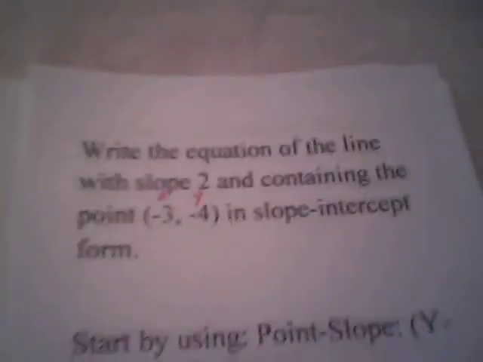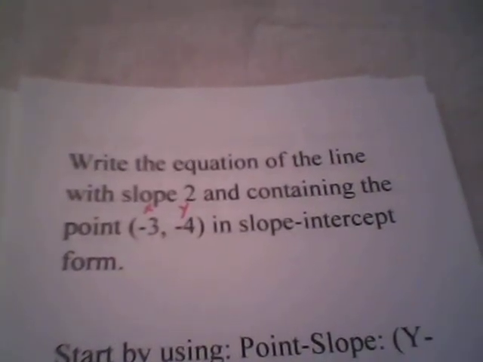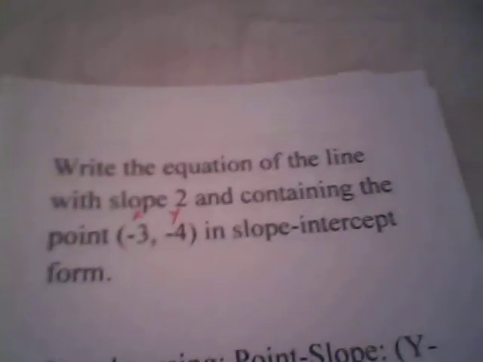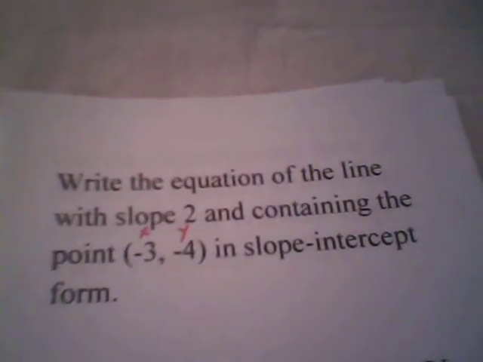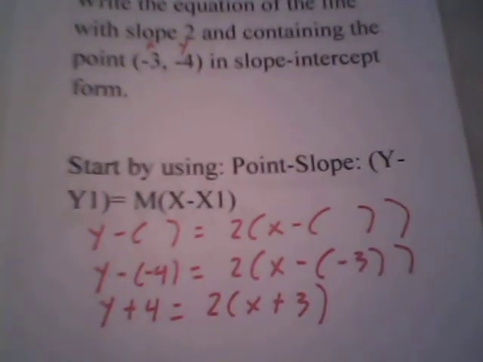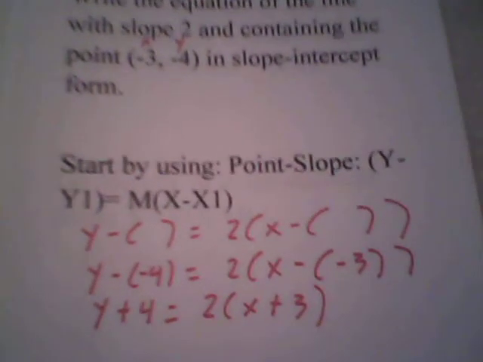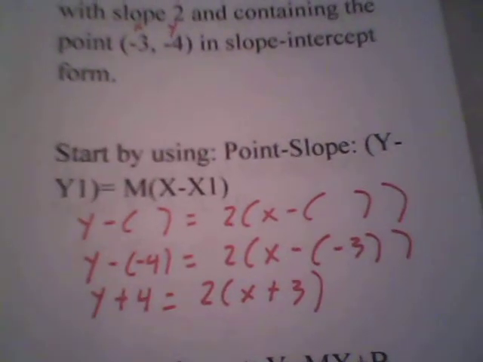Last one. Let's say you have write the equation of the line with slope 2 and containing the point -3, -4 in slope-intercept form. Notice -3, -4 I labeled as x and y. So it's x1 and y1. Next thing we're going to do is start this off by using point slope. Because we were already given the slope as 2, we can go to point slope. So y minus y1 equals m times x minus x1.